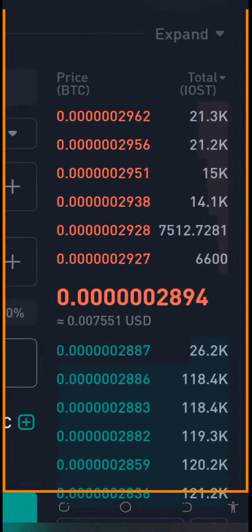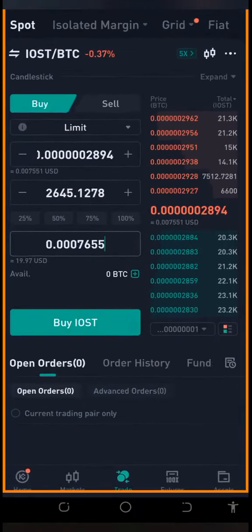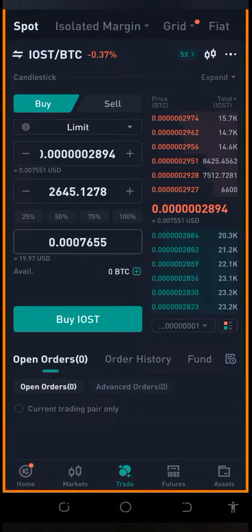Same goes here. We've got 6,600 pieces of IOST that want to be sold. That's it. That's how you understand what to do with the order book, because these are just submissions of people just like you on this blockchain that want to buy or that want to sell. Okay, so I hope you understand that. So let's get back to what we're doing.